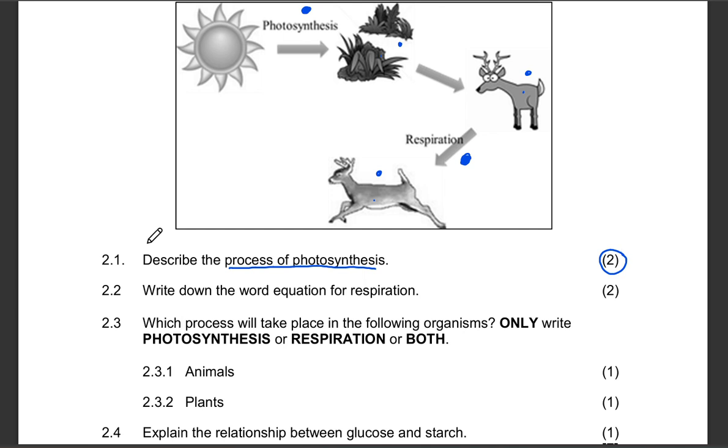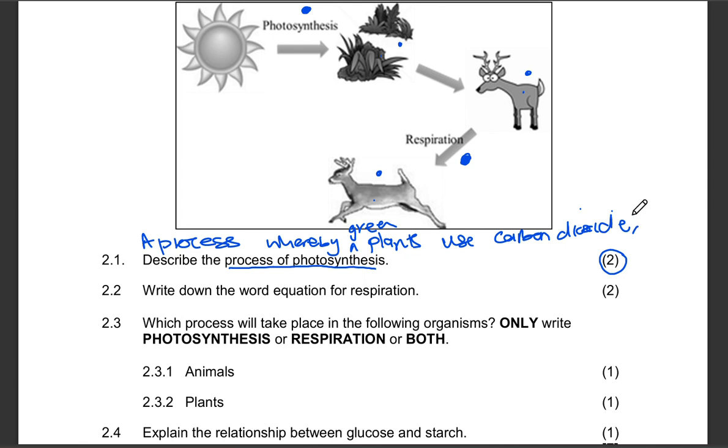A process whereby plants use, we're going to mention the requirements. We can even say where green plants use carbon dioxide. We know they use carbon dioxide from the air.